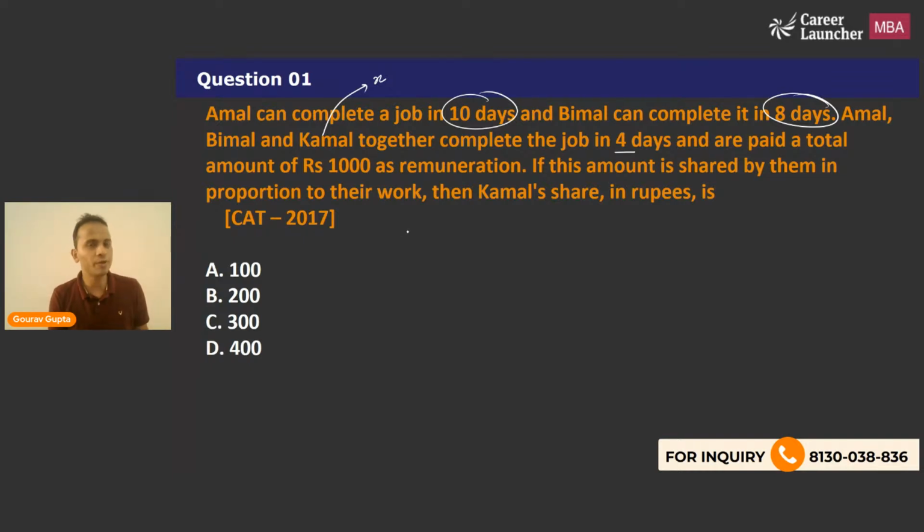Now if three of them work together, the work is finished in 4 days. So we can make an equation for 1 day work. 1 day work of Amal is 1 upon 10, plus 1 day work of Bimal, which is 1 upon 8, plus 1 day work of Kamal, which can be written as 1 upon x, is equal to the net 1 day work. Since the total work is finished in 4 days, net 1 day work will be 1 upon 4.